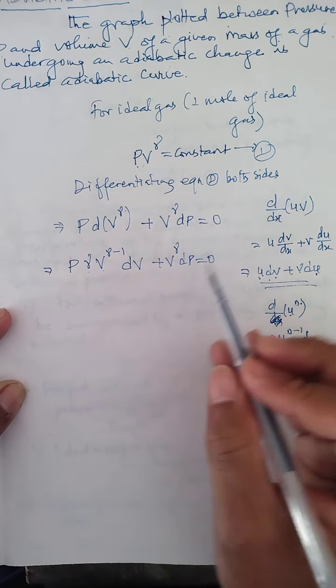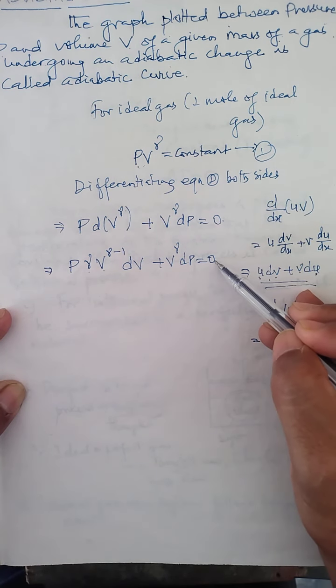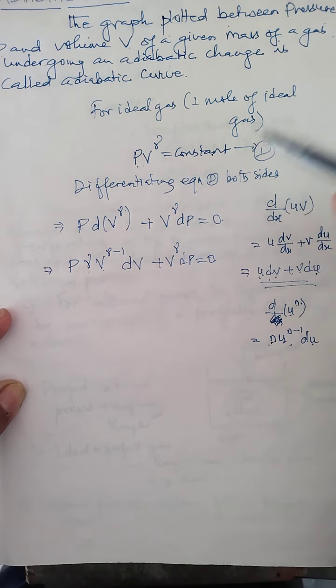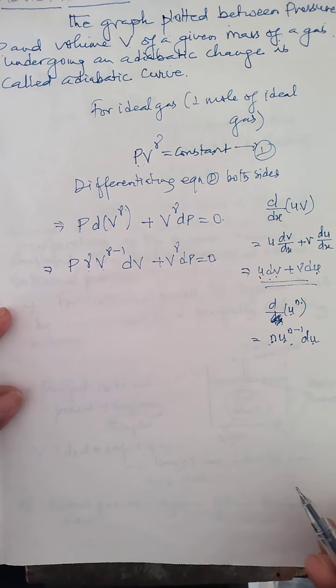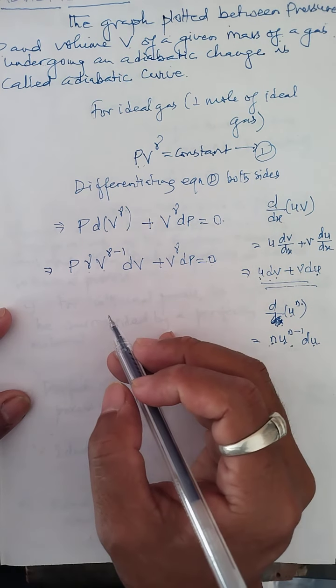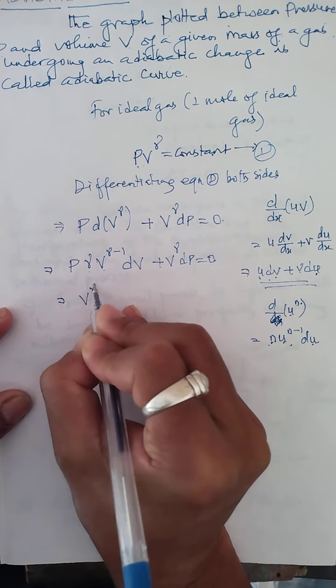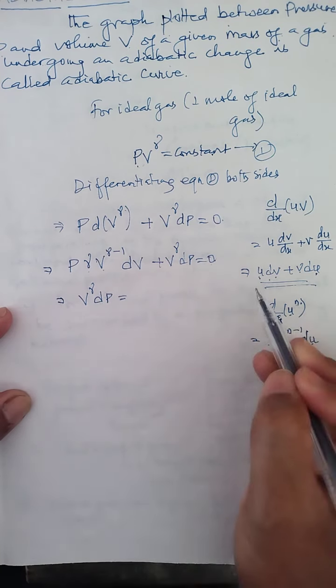So this is the differentiation of the left hand side. And as you know, the right hand side is constant, and the differentiation of any constant is always 0. Now we can further simplify this expression. I'll keep V to the power gamma dP on the left hand side, and this quantity I'll take to the right hand side.